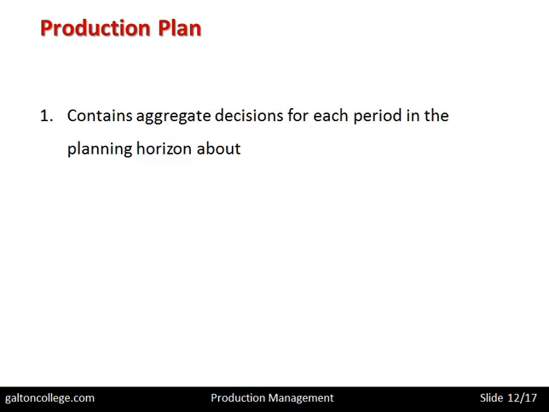Now, the production plan contains aggregate decisions for each period in the planning horizon, and it does this about the work level. So it tries to look at the planning horizon, say the next 6 months, and then it tries to work out what workforce the business will need, what skills, what competencies, what they should be able to do, what training will be required, so what resources are available to take on the extra workforce.